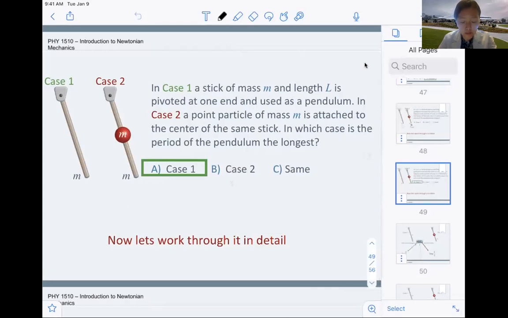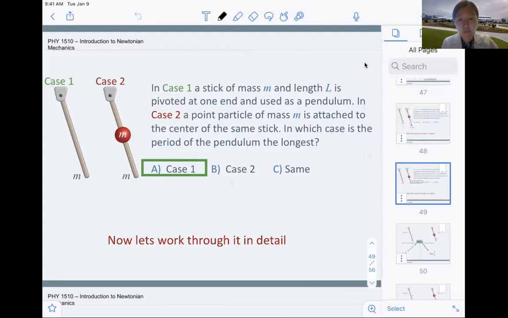Okay, so going back to simple harmonic oscillation, in our previous class, we had talked about analyzing these two different cases, these pendulums, where case one is simply a stick pendulum, case two is a stick and a mass mounted together.